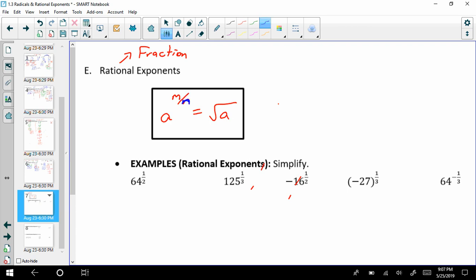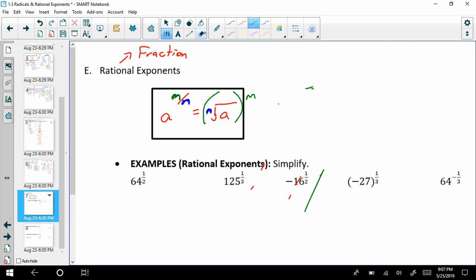The bottom number, which I'll do in blue, becomes the root. So a cube root, a fourth root, a square root. And the top number, which I'll trace in green, is the exponent that it's raised to. Mathematically, these are the same exact answers.